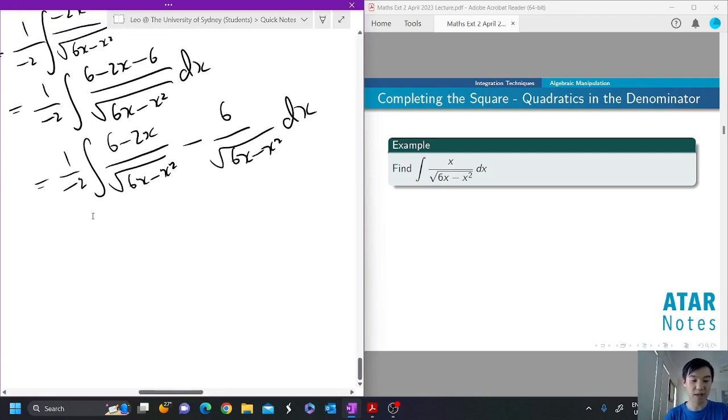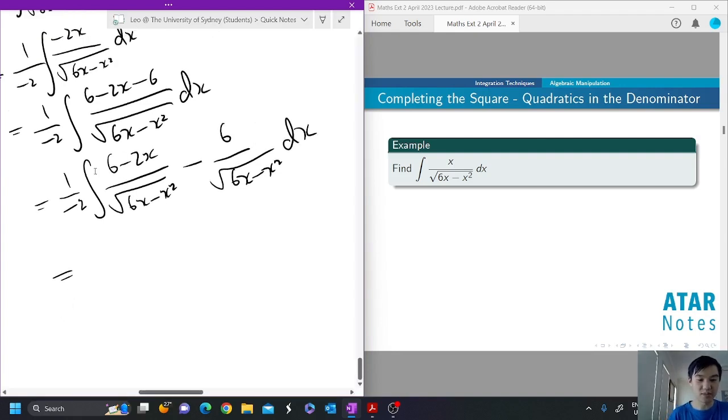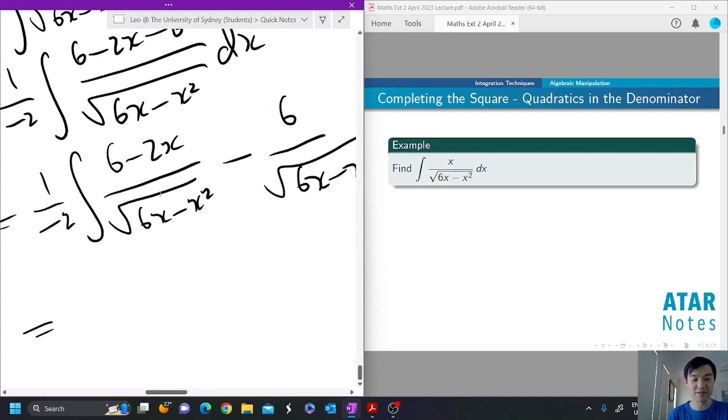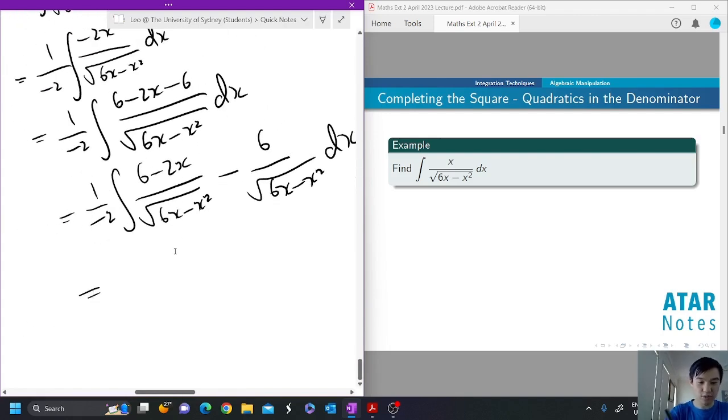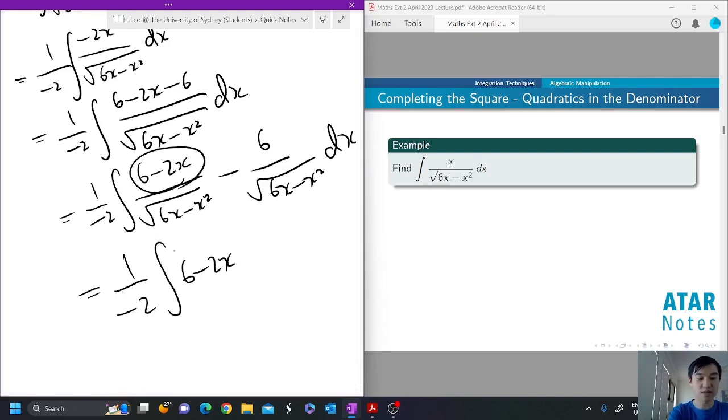Now, I can split the integral. So on the left here, this will be the same thing as negative half integral of 6 minus 2x. Notice this is already the derivative of the thing inside, so we can directly apply the reverse chain rule on that.